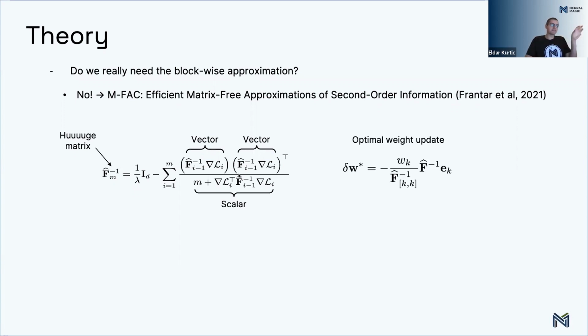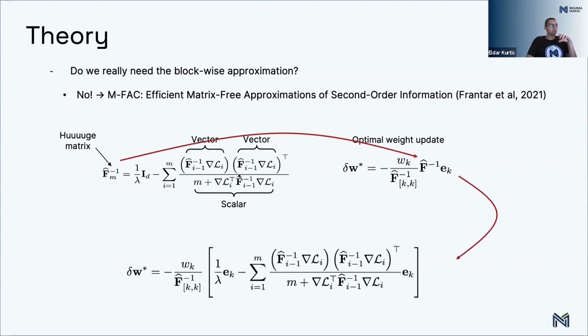But then if we take a step back and try to look at where we actually need to use this inverse Fisher matrix in our entire pruning pipeline, we will notice that it appears in the expression for the optimal weight update. And here it appears in a product with this basis vector EK, which actually just extracts the kth column from this matrix.